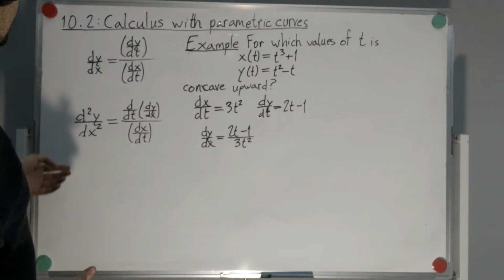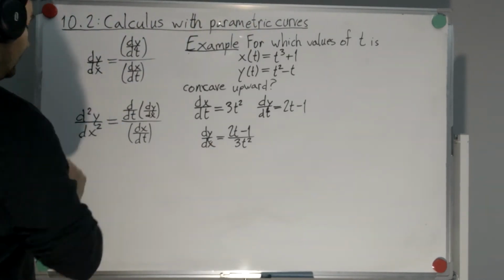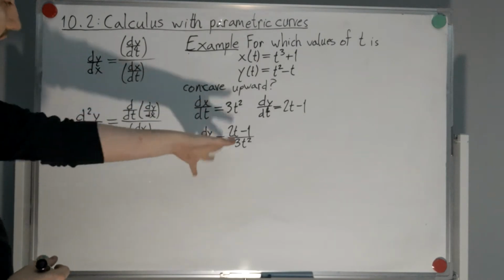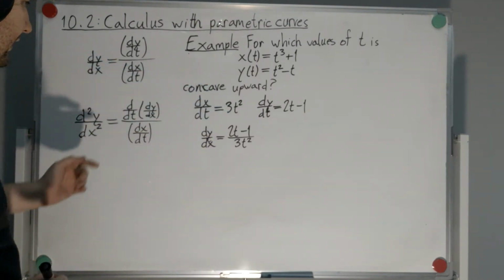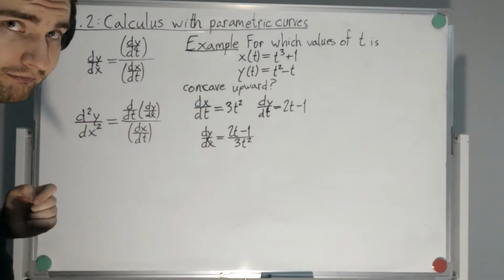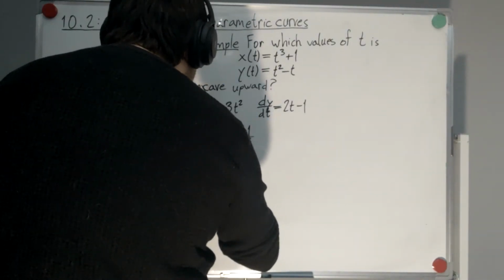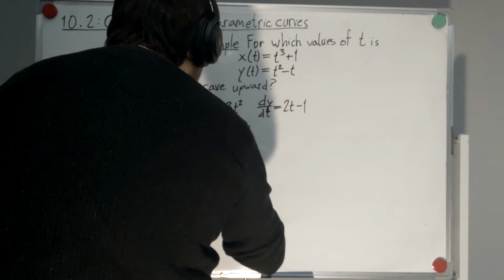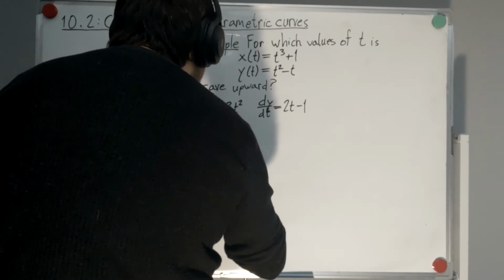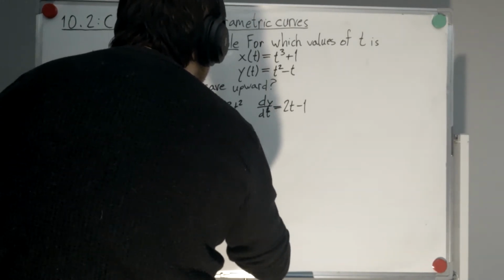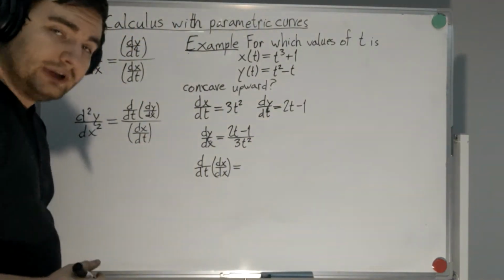Then, according to this formula, we need to take the derivative of this with respect to t, and then divide that by dx dt. So, derivative with respect to t of dy dx, that's a quotient rule.